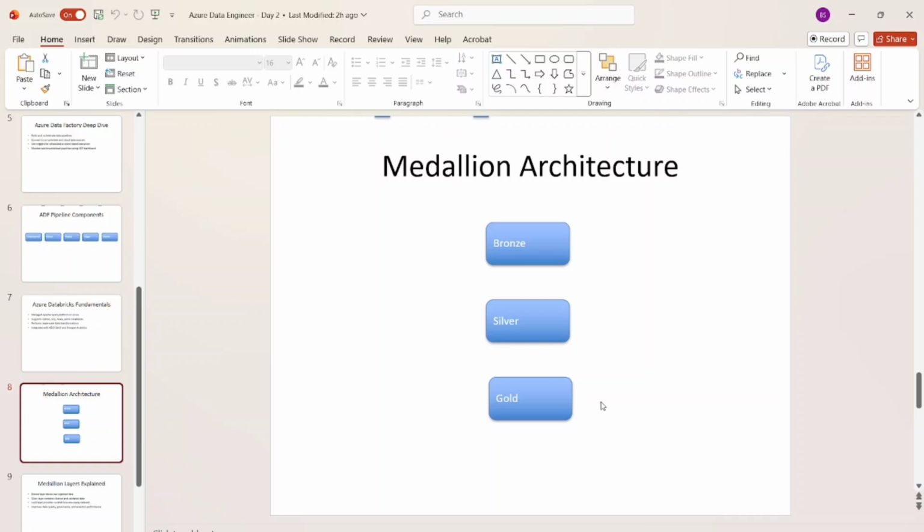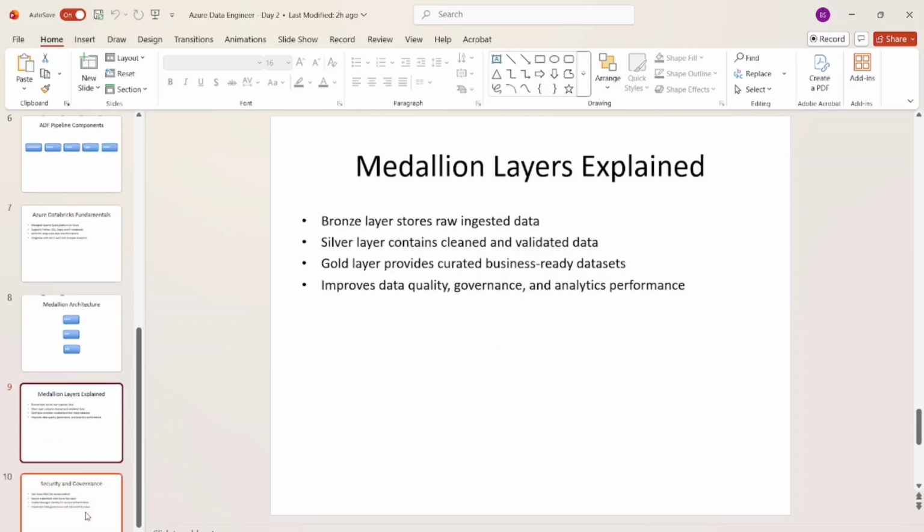If you ask me what the benefits are, it generally improves data quality, better governance, reusable datasets, and easier troubleshooting. So these are some benefits. The Medallion architecture layers are already explained.